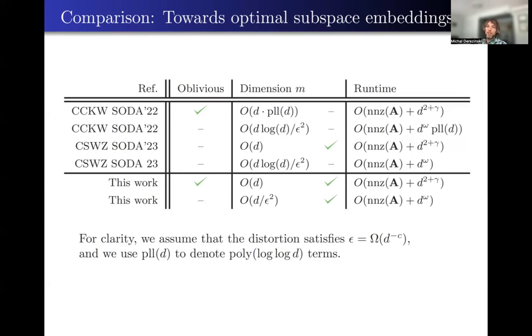Essentially, the main difference between our work and those previous works is that we are focusing on sparse subspace embeddings, which has advantages for the tasks I mentioned, and we are also able to achieve for the first time low distortion embeddings in the optimal embedding dimension in essentially a runtime that matches the runtime of the previous work on this.